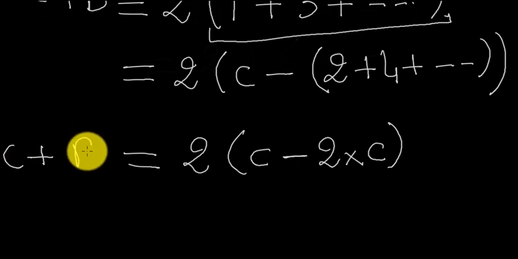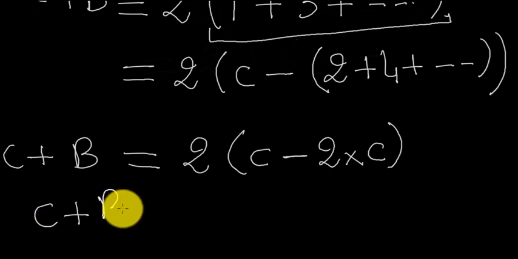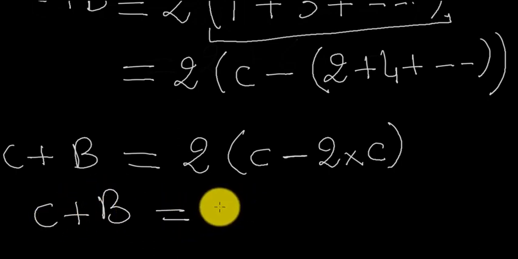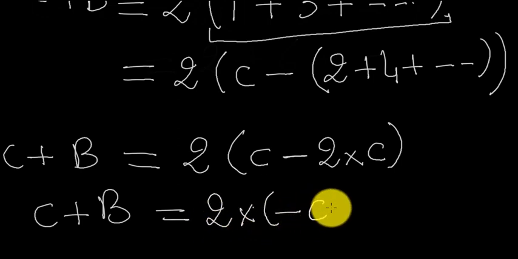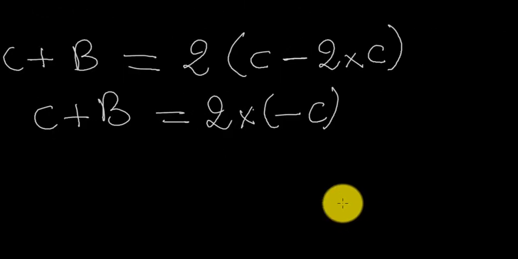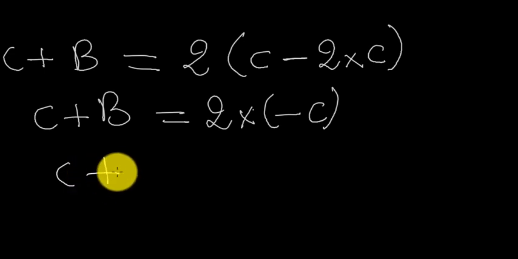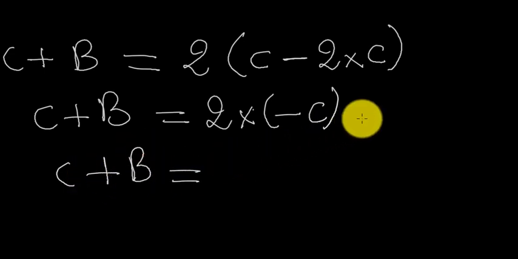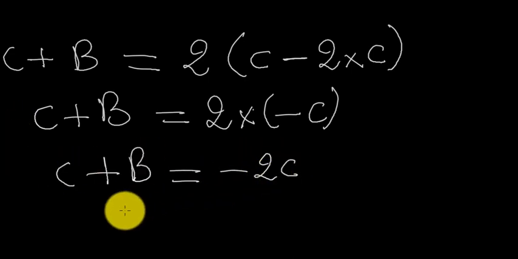So now, if we want to continue calculations, it will be c plus b equals 2 times minus c, and this is equivalent to c plus b equals minus 2c, which will be 3c.